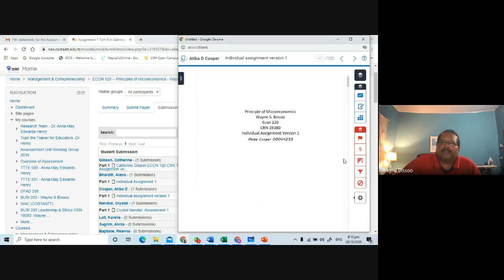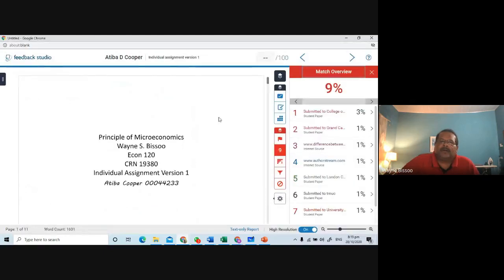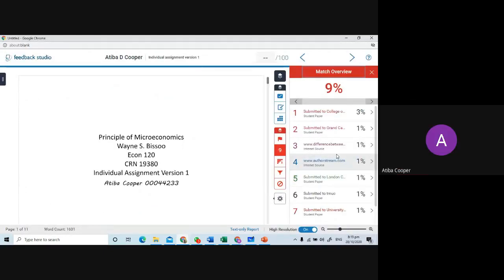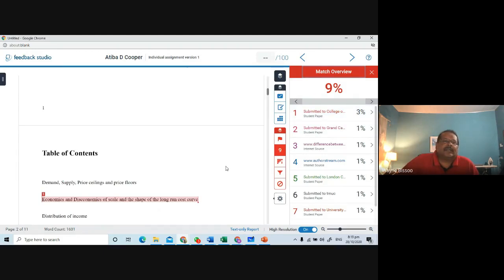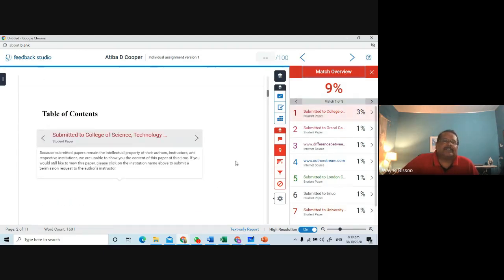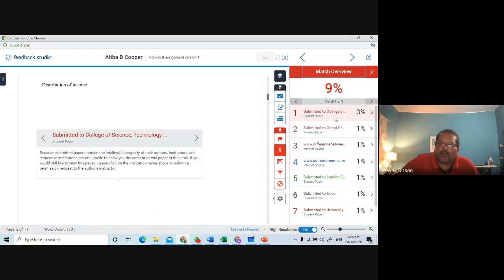Don't worry about that. We could deduct that 9% or that 10%. So you see here, Atiba, are you seeing this on your own? Yes, sir. It says 3% here, Item 1, submitted to the college. That brings up your table of contents, and that's because the phrases used here are coming from the question. So you can ignore that.